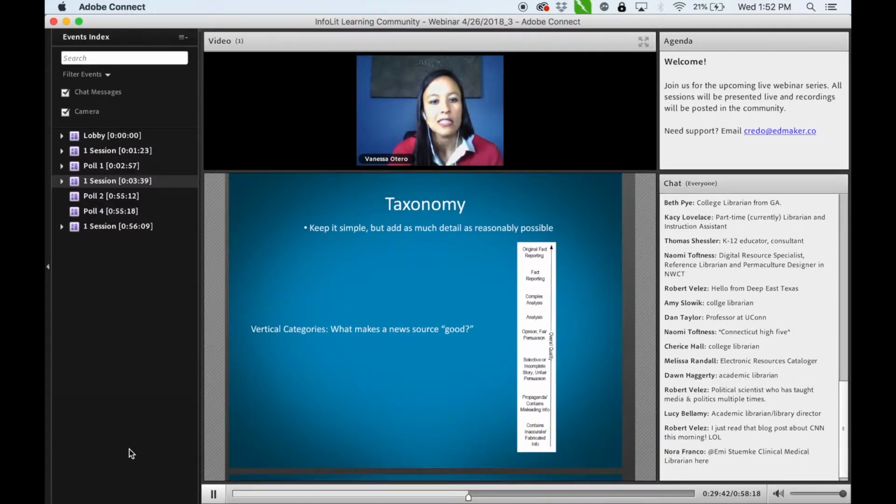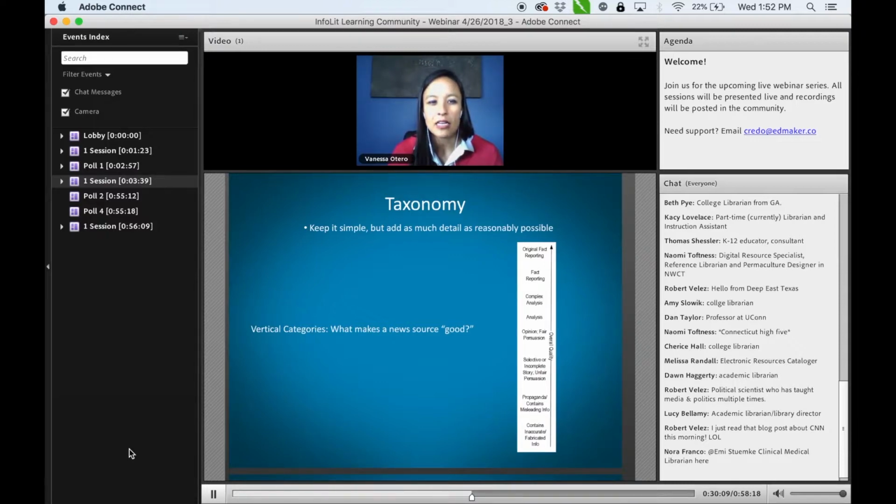Below that, it says selective or incomplete story, and this is where we start to get into the low quality stuff. Also, unfair persuasion. Examples of unfair persuasion include mean characterizations, adjectives that describe people in unflattering ways, unflattering pictures of political figures, for example.